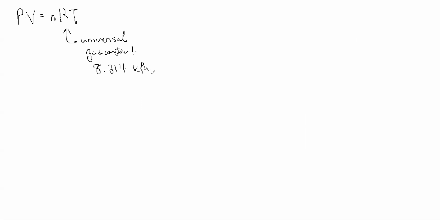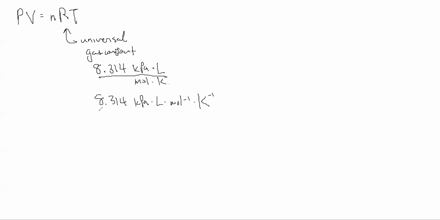It will be kilopascals liter per mole Kelvin. Another way we could write it is 8.314 kPa, L, mole to the -1, and Kelvin to the -1 to show that these are in the denominator side.